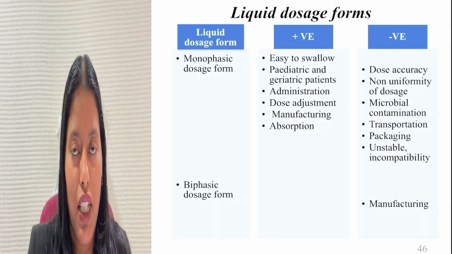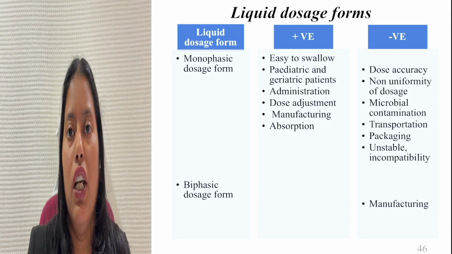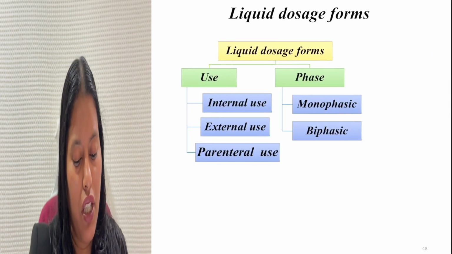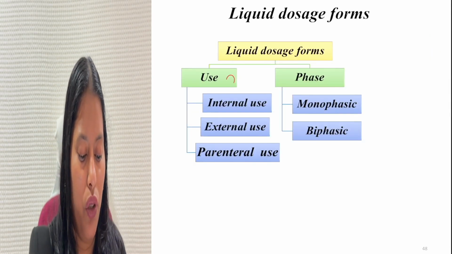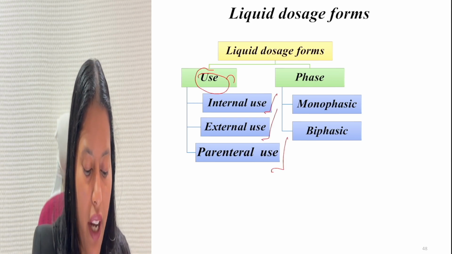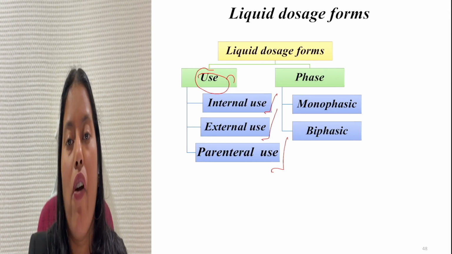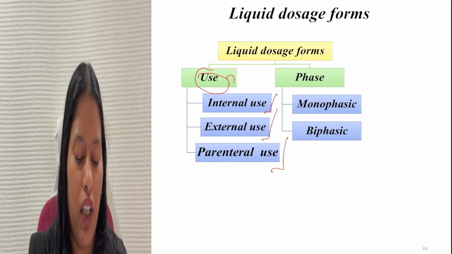So let us see the different advantages and disadvantages of the liquid dosage form. If you see classification based upon use, they are either internal use, external use, or parenteral use. Internal use formulations are taken orally, they go into your digestive tract, they enter into your stomach.